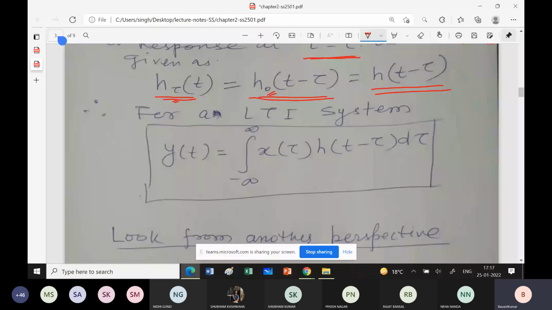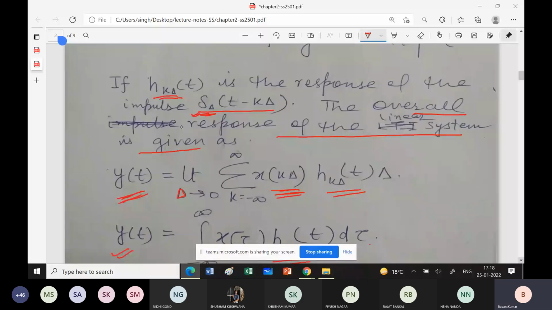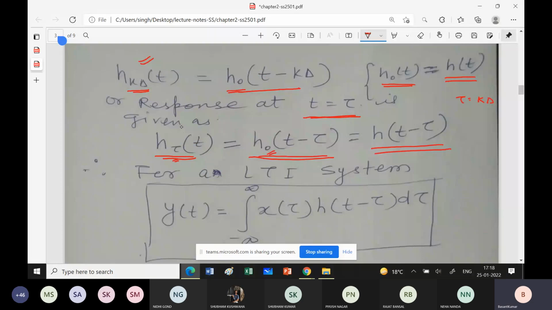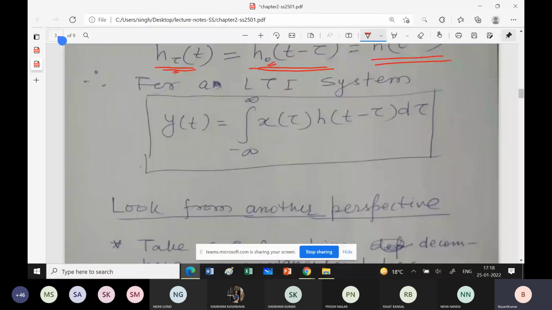So the output of the LTI system can be written as follows. This h(tau) we can replace with h(t minus tau), and the response of the LTI system can be given by this expression: integral of x(tau) h(t minus tau) d tau, and you have to do integration from minus infinity to infinity.